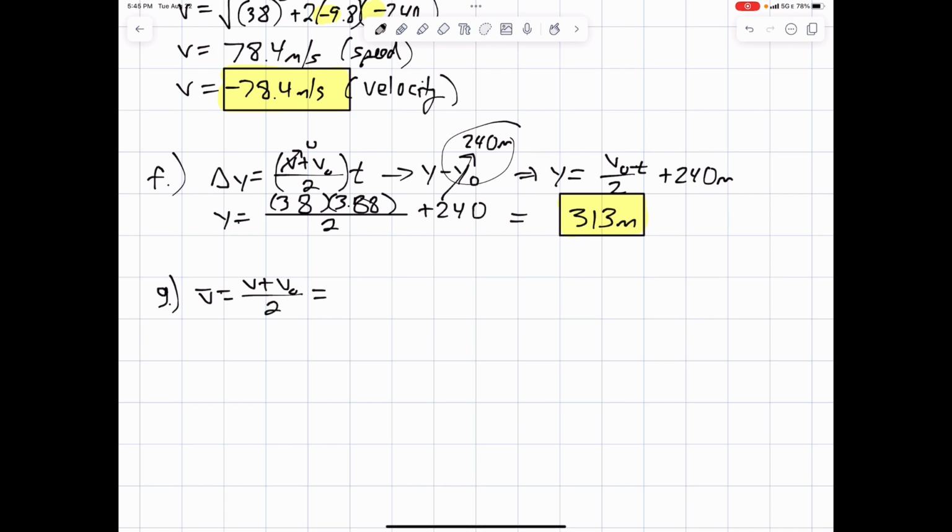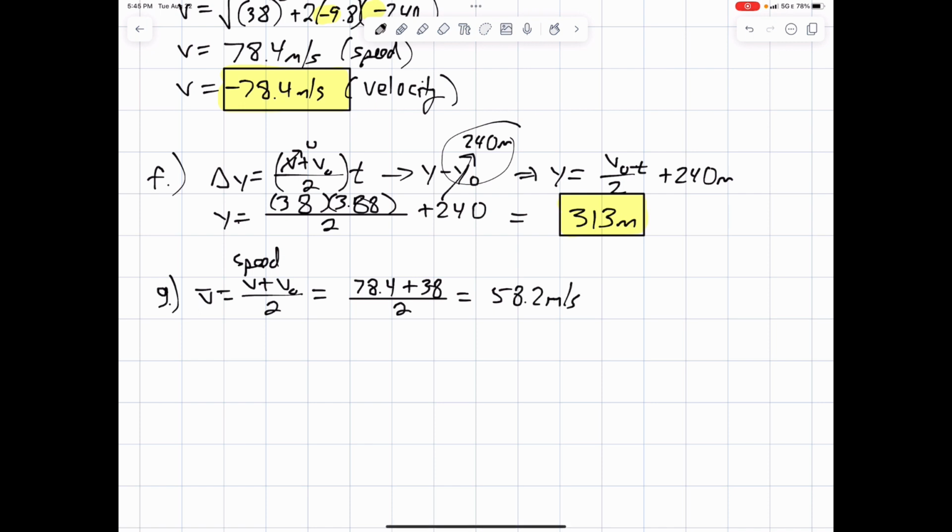If I'm finding average speed, I don't care about the negative direction of velocity, which means I have 78.4 plus 38 divided by 2, which is about 58.2 meters per second.